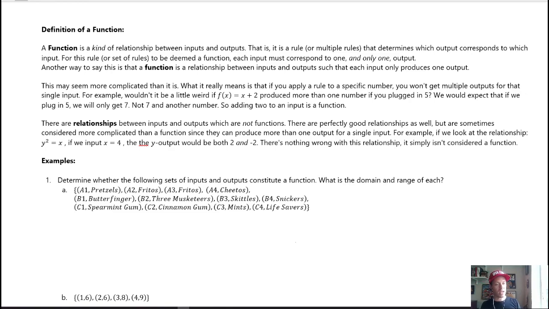So in this relationship for x equals 4, there are two different y values, two different outputs for that single input. Now again, there's nothing wrong with this. This is a perfectly good relationship between x and y. We can say x equals y squared or y squared equals x and talk about how those inputs and outputs relate to each other in that way. We simply don't consider this relationship a function, right?